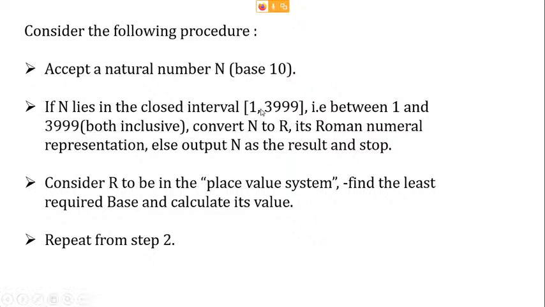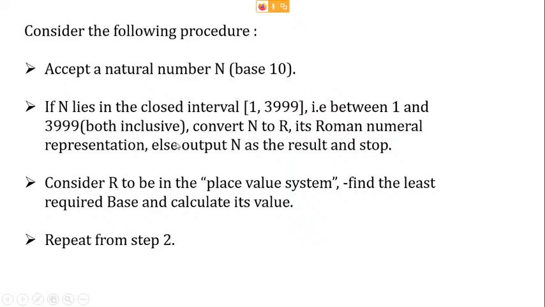If your decimal value is within the range of 1 to 3999, both inclusive, I am supposed to convert the accepted decimal value to a Roman numeral.